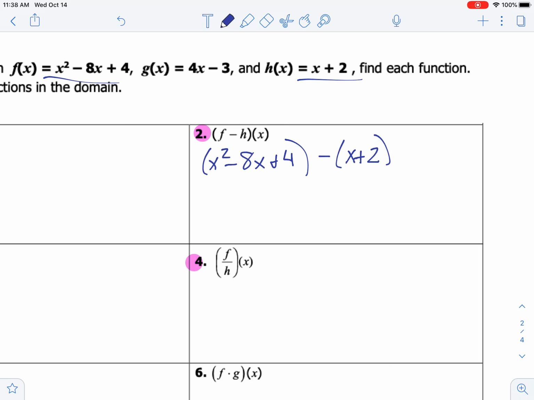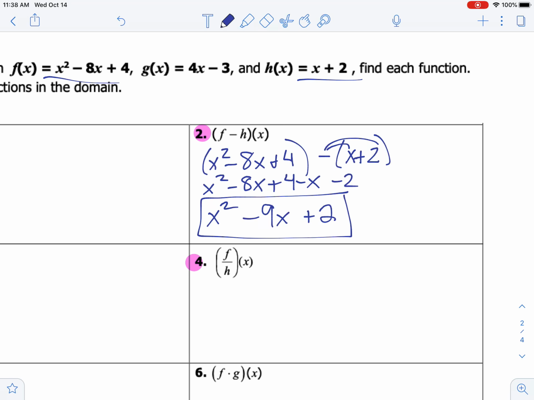When I subtract, it's really important to distribute that negative sign. So I am subtracting x and 2. When I combine like terms, I'm going to get negative 9x and 2. That's my final answer.